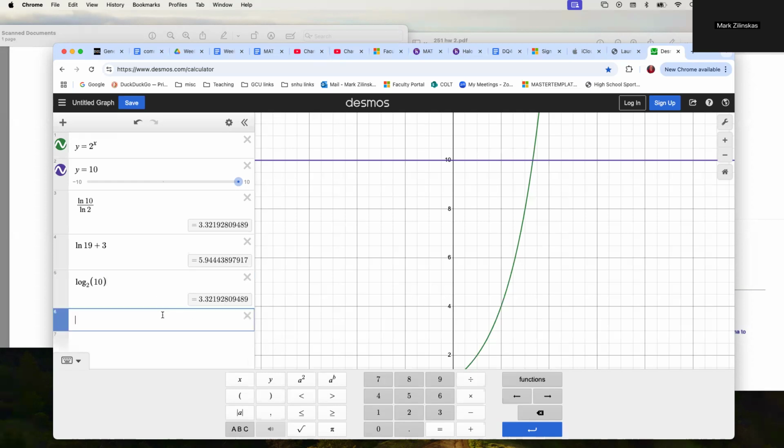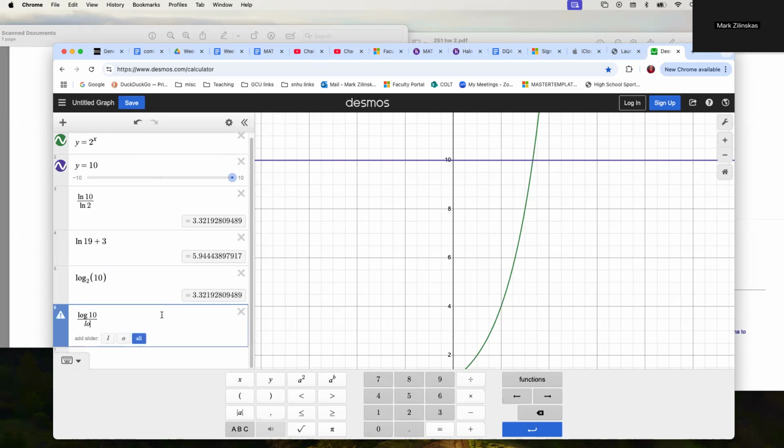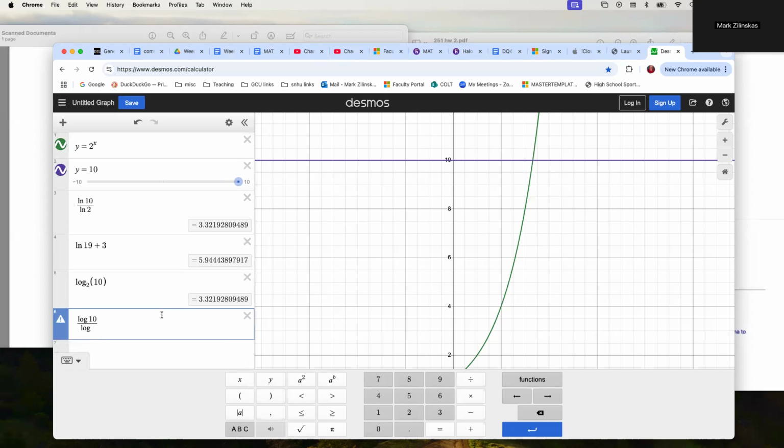That's one way of doing it. Or I could take the log of 10, just type that in, divided by the log of 2. And you can see I'm getting 3.321 for all of those. So that's just a way of approximating those values.